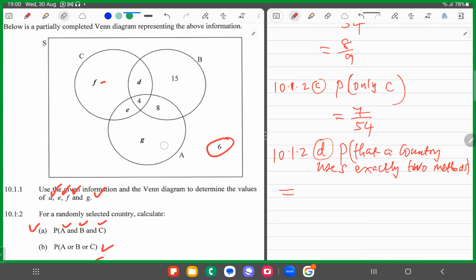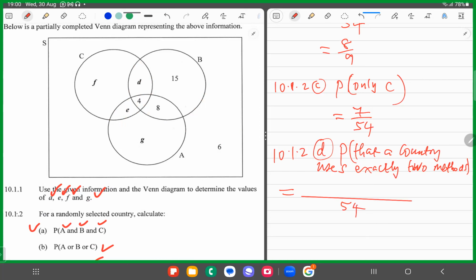Right. Now we are looking at these. This is making the whole thing untidy, but it's useful a little bit when you analyze this. The probability that a country uses exactly two methods is going to be out of 54 countries. The total number of countries is 54.